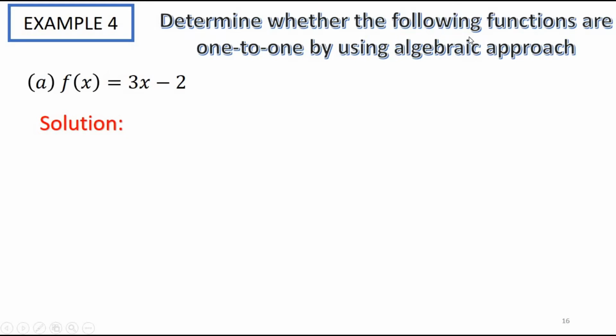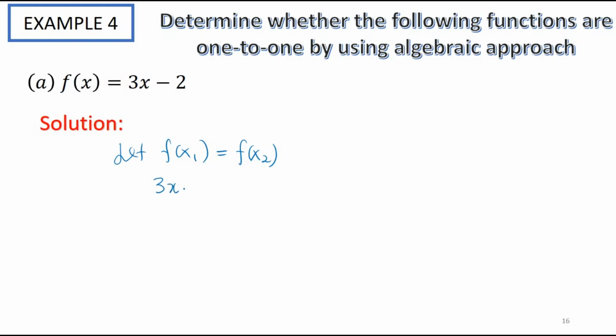So let's look at this example. Determine whether the following functions are one-to-one by using the algebraic approach. So we can let f(x1) equal to f(x2). From here we can substitute x1 into the function.